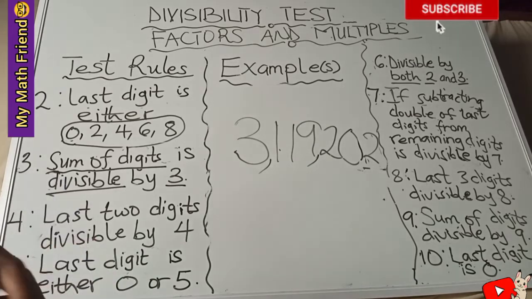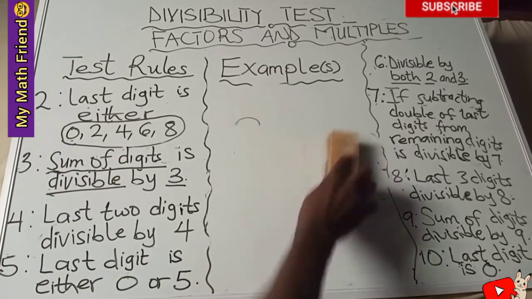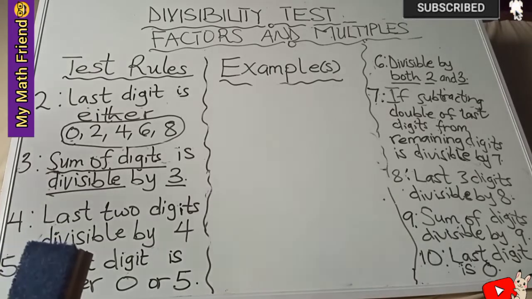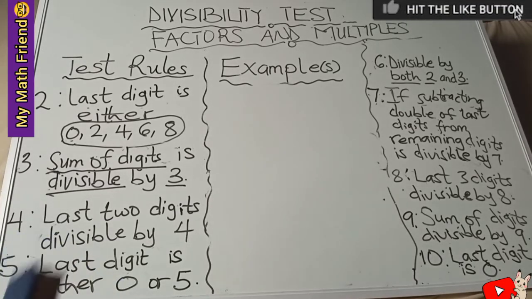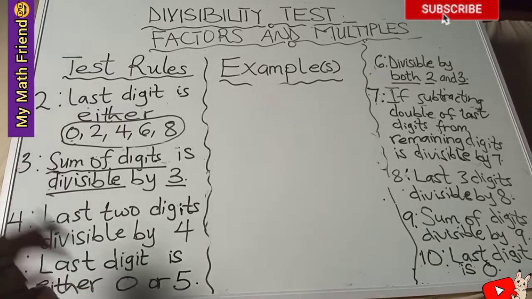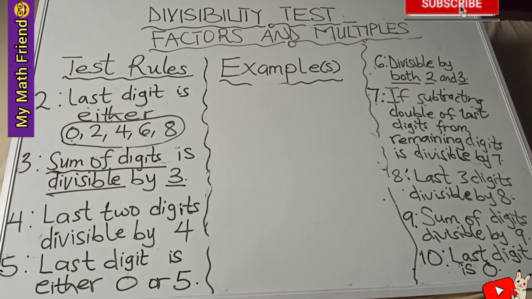Very well. I trust that you really understand everything. These are the simple rules. You just have to go through them and practice often. In our next lesson, we are going to look at finding the highest common factor, or what you can also call the greatest common factor, and the least common multiple.